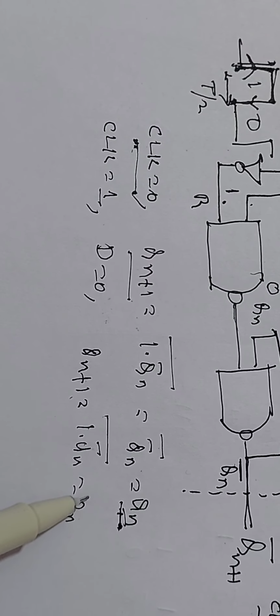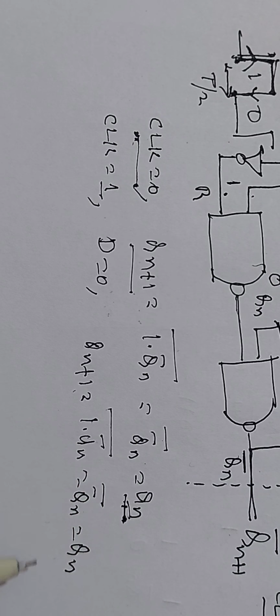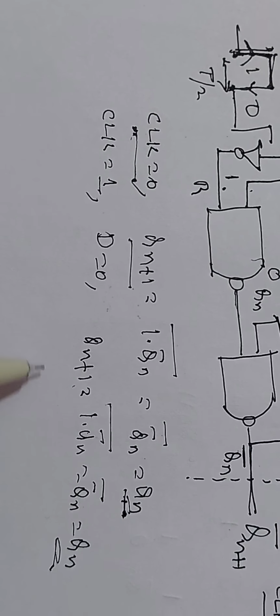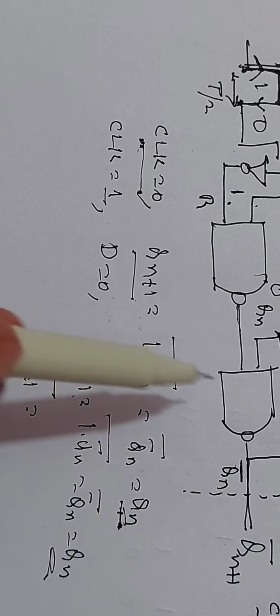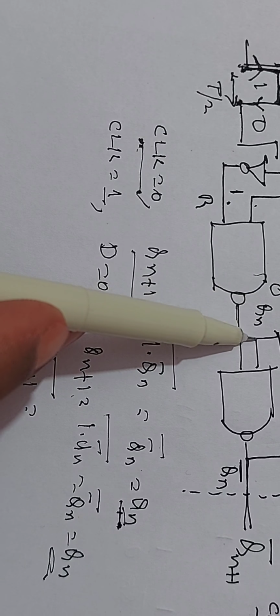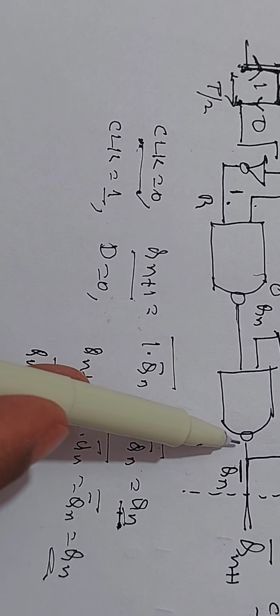Now let us consider the another output Qn plus 1 bar to decide the value of Qn. Consider Qn plus 1 bar. This output is, here one of the input is 0 and one of the input is Qn. 0 into Qn is 0, complementary is 1.